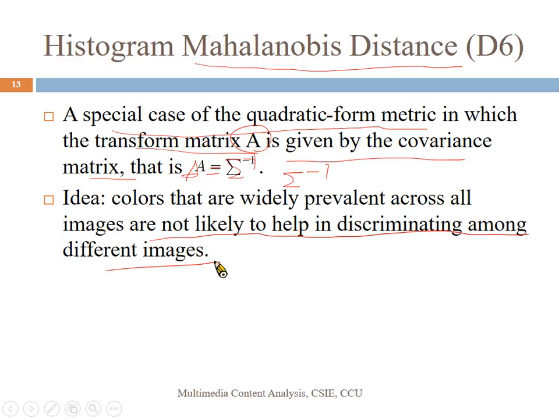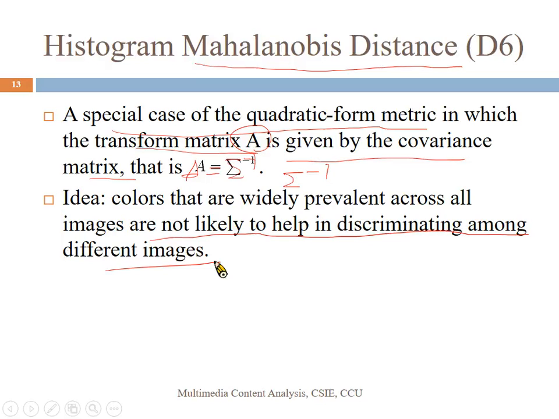Then the red color, or the pink or light red or dark red, the red related colors should not be powerful to discriminate different images, because all images tend to be in red, right?